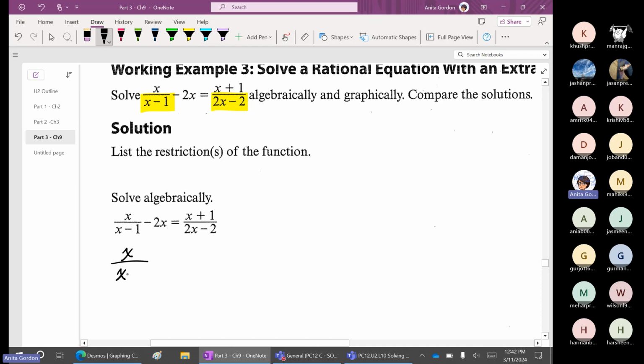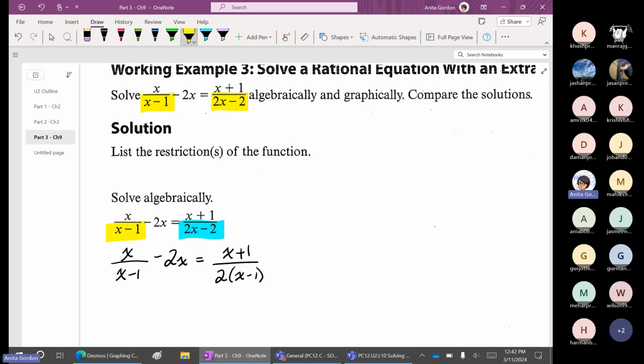So this is going to be x minus 1 minus 2x equals x plus 1 over 2 bracket x minus 1. So rather than having two unique denominators, I actually have two same denominators with an extra factor of 2. Right? So I'm going to multiply everything by 2 times x minus 1, not by x minus 1 times 2x minus 2. Before we keep going, what's my restriction?